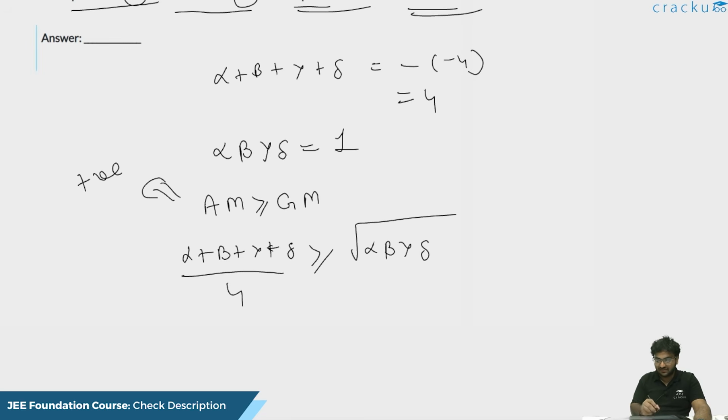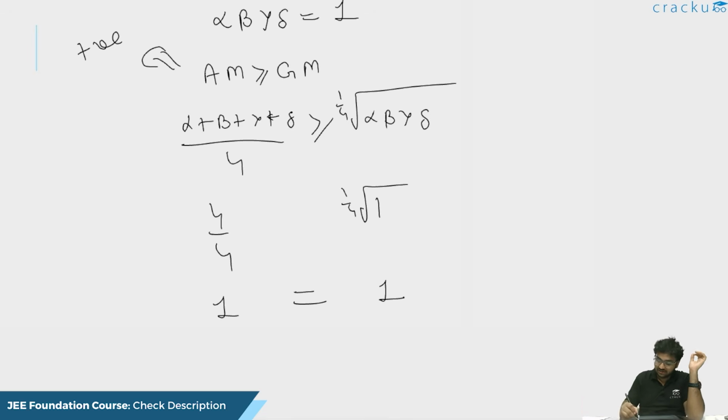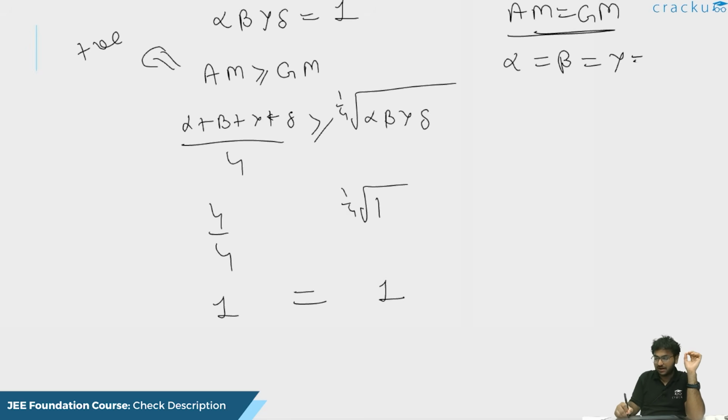The sum is 4, so 4 by 4 is 1, and the product alpha beta gamma delta is 1, so the fourth root is 1. As you can see, this 1 is equal to 1. Hence AM is equal to GM only when everything is equal, that is, when alpha is equal to beta is equal to gamma is equal to delta.